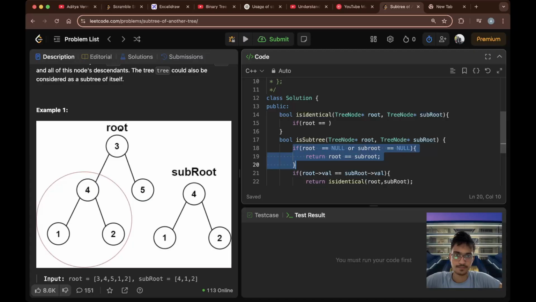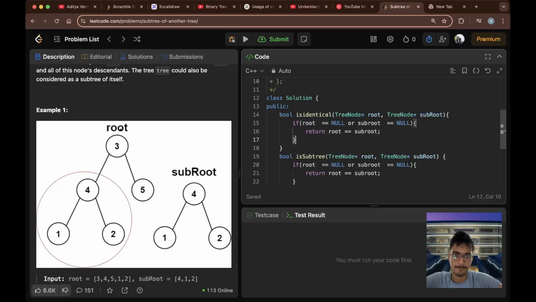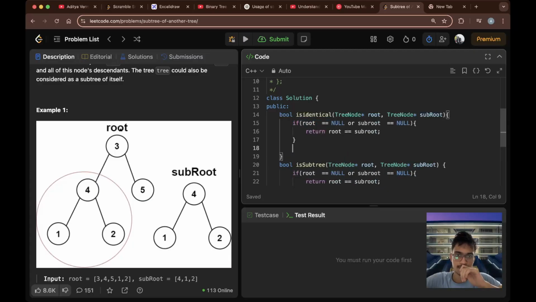Base case. I'm writing the base case. Let us return.